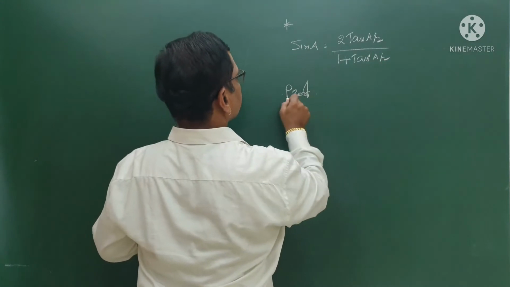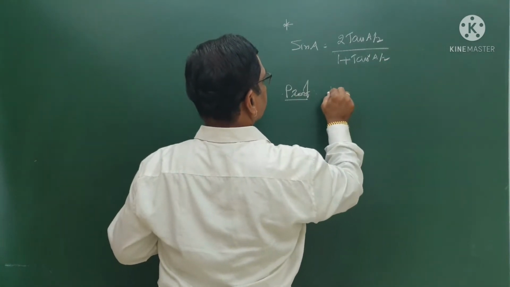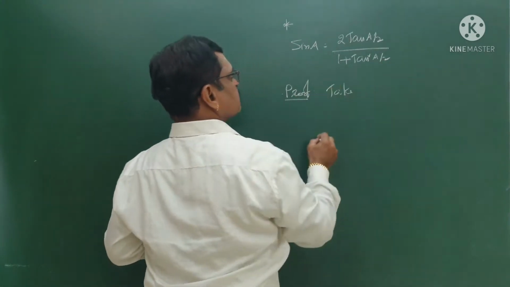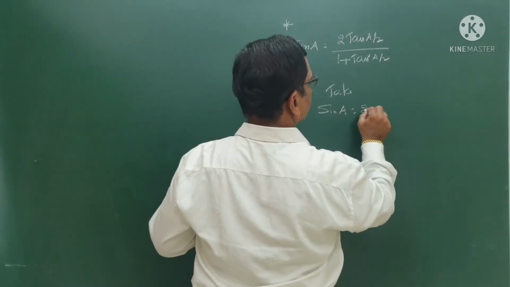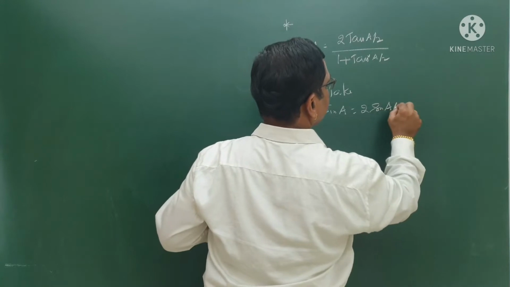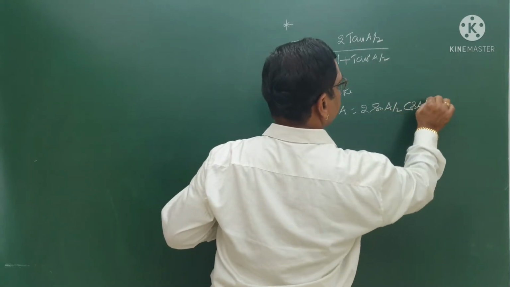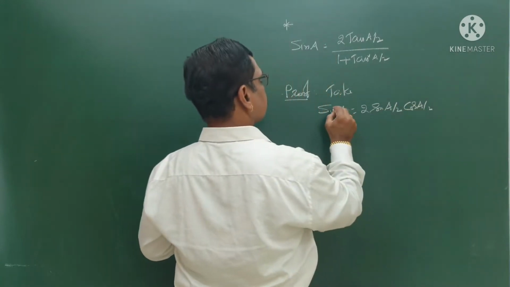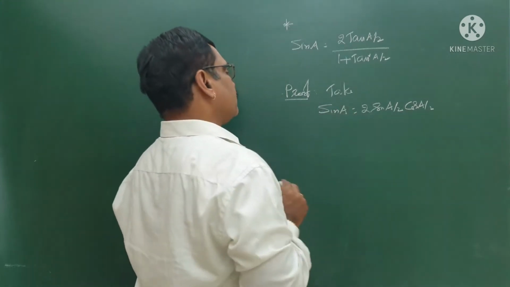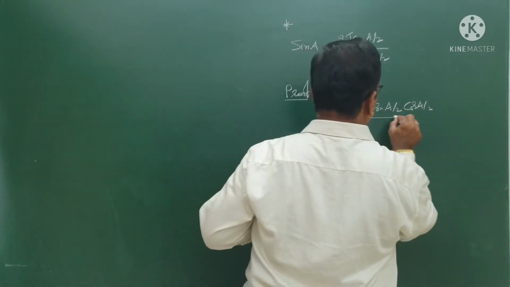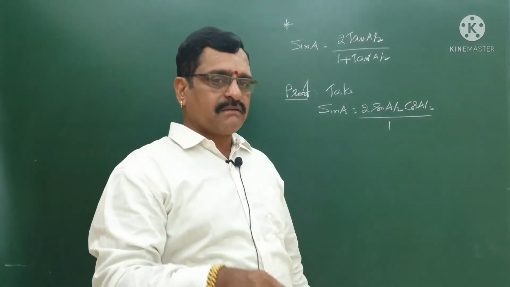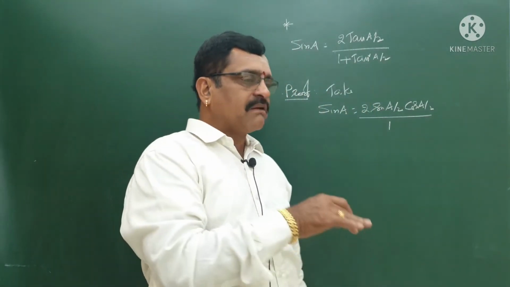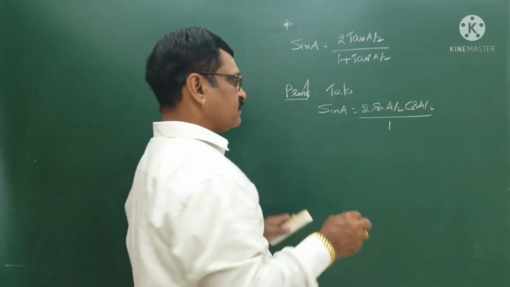Very simple. Take sin A is equal to 2 sin A by 2 cos A by 2. What I do is simple: it can be written as 2 sin A by 2 cos A by 2 by 1, because if you divide any number by 1, the value won't change.